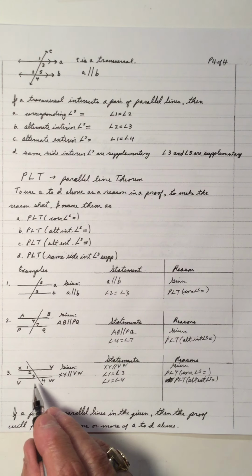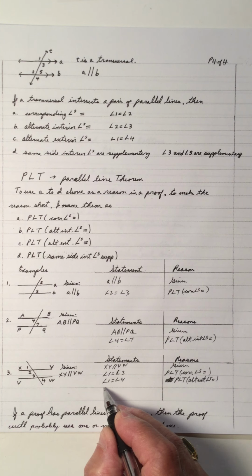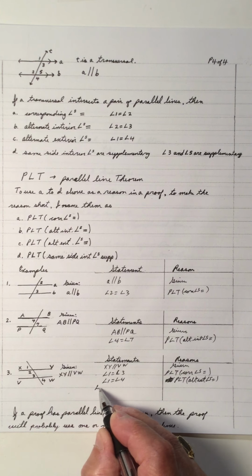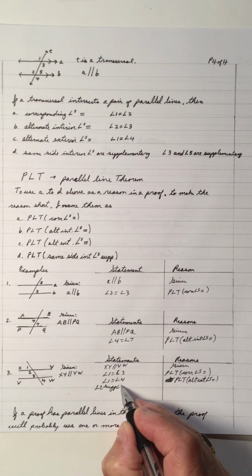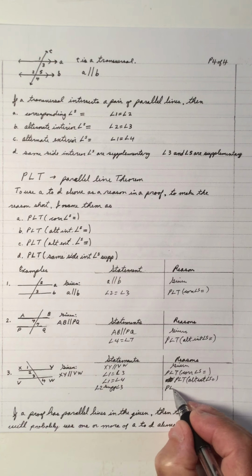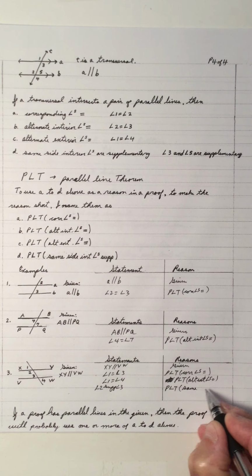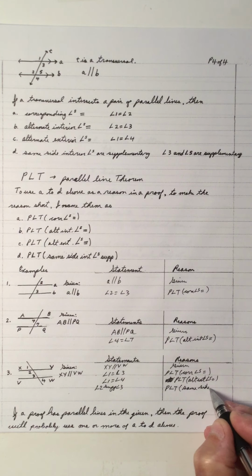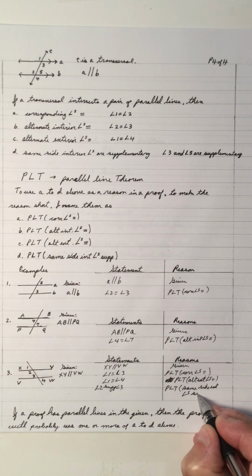And we could also say that because of the parallel lines, angle 2 is supplementary to angle 3. And the reason is PLT, and that's the same side interior angles are supplementary.